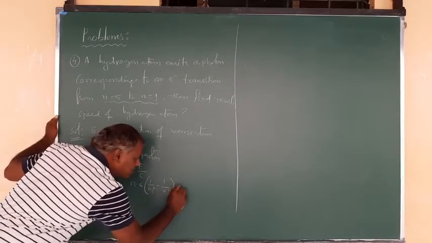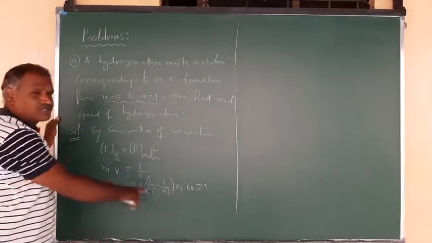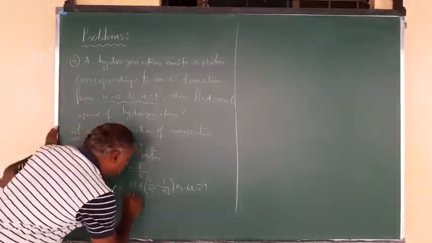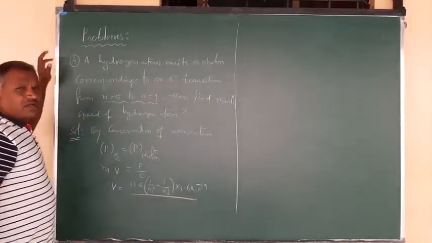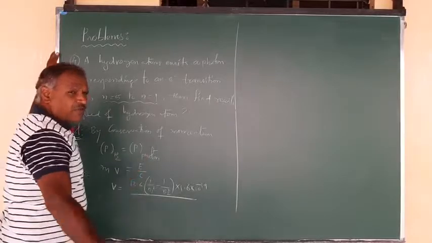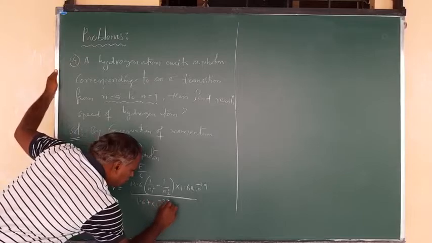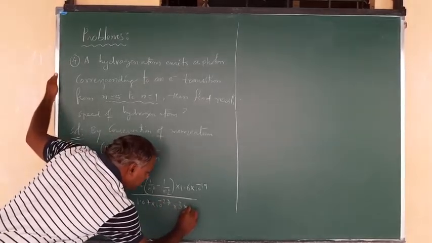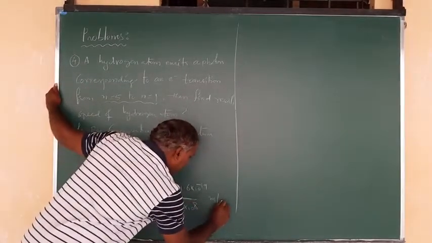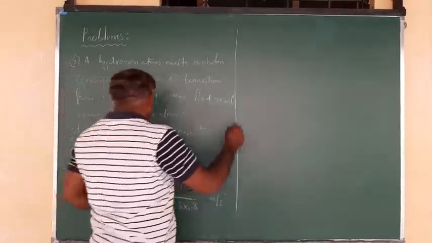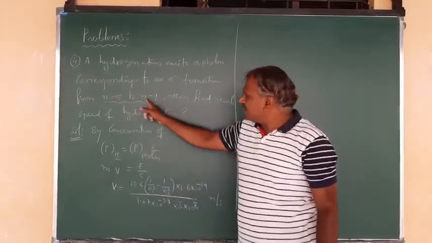It is in electron volts, so I can convert into joule: 1 electron volt is equal to 1.6 into 10 power minus 19 joule. The mass of hydrogen is the mass of proton itself, 1.67 into 10 power minus 27 kg, and the velocity of light is 3 into 10 power 8, so the speed will come in meters per second. Now make the further calculation here. N1, N2, you just substitute here. What do we get? N1 is here 1.